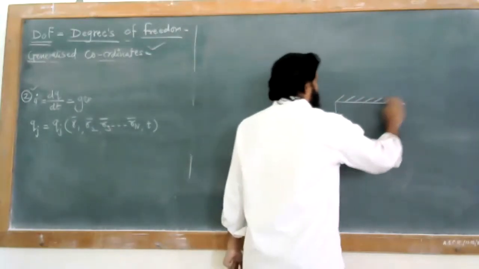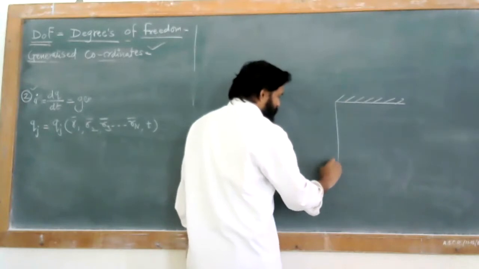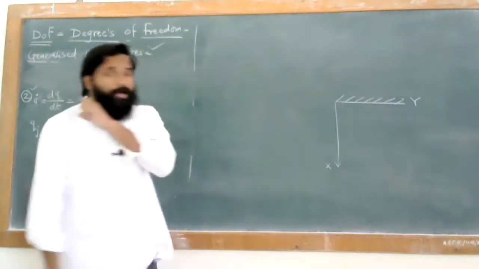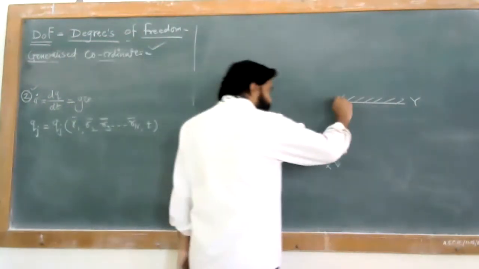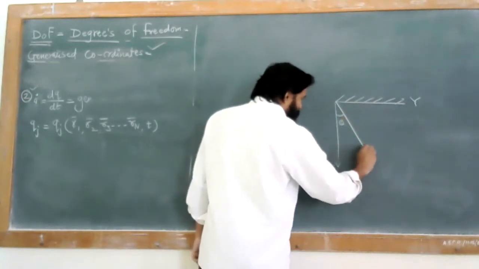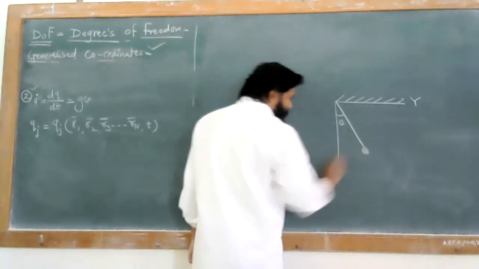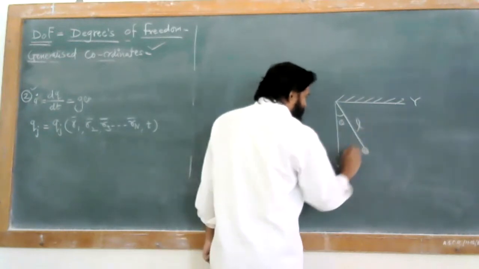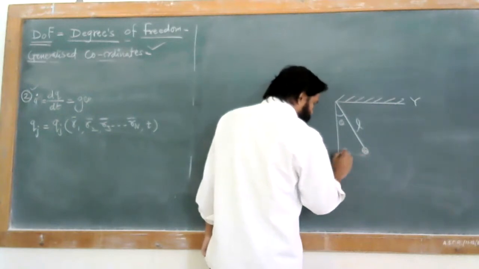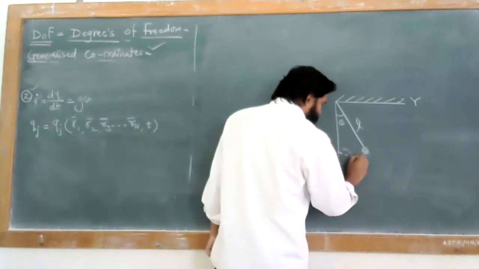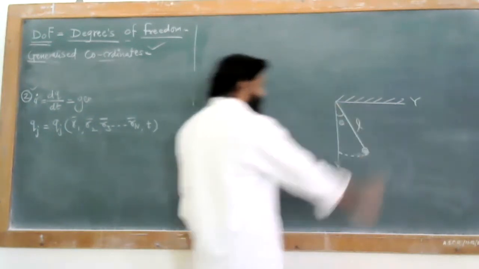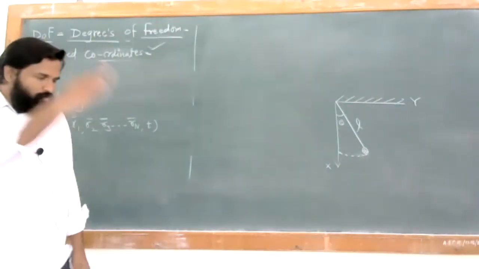that is our simple pendulum. So for that simple pendulum, just look at this point. So this is theta. This is the simple pendulum, which is having some length L. Okay, and so let us say it is moving in that xy plane.